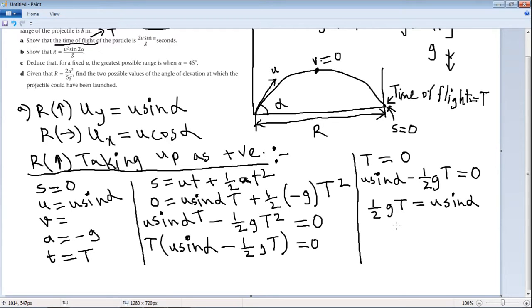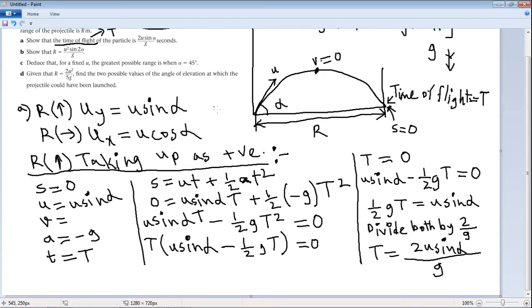If we multiply by 2 by g on both sides, or rather divide both sides by g by 2, we end up with t is equal to 2u sin alpha divided by g.